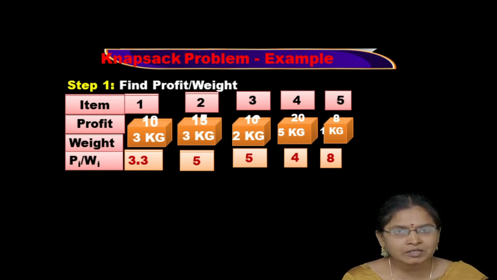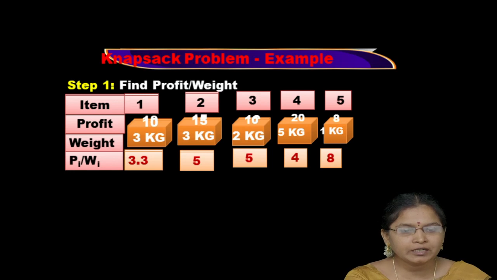For the first item, 10 divided by 3, we get 3.3. For the second item, 15 divided by 3, we get 5. For the third item, 10 divided by 2, we get 5. For the fourth item, 20 divided by 5, we get 4. For the fifth item, 8 divided by 1, we get 8.